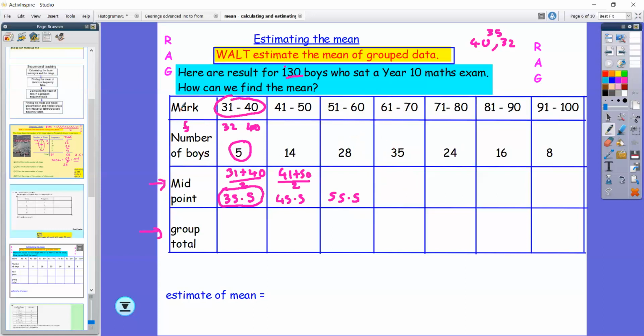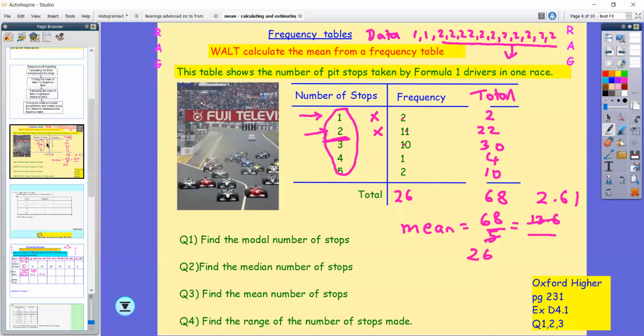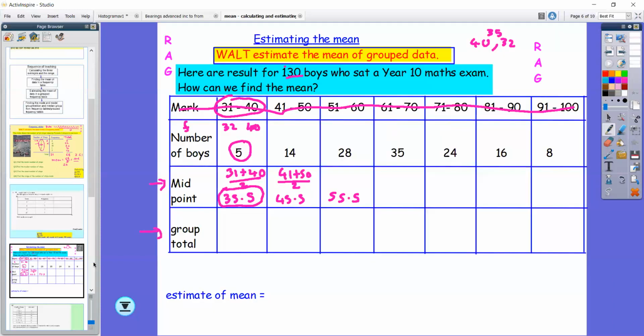I tend to say, well, I don't need this anymore, because now this question is just like the question we did when we looked at frequency tables. We've got a mark or a data value, and we've got a frequency. Here I've got a mark, which is 35.5, 45.5, and a frequency.